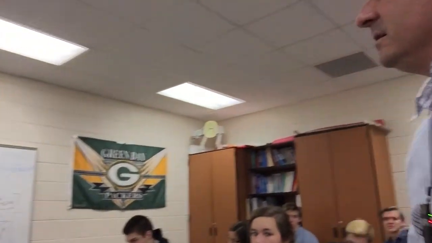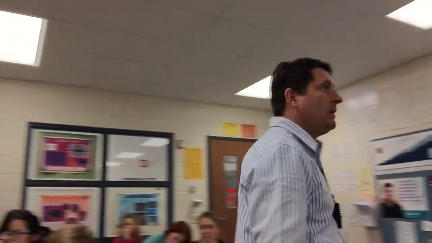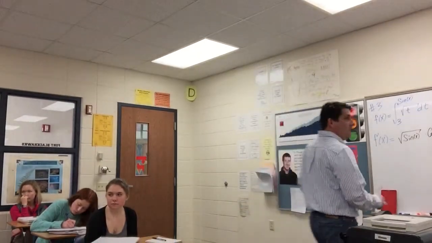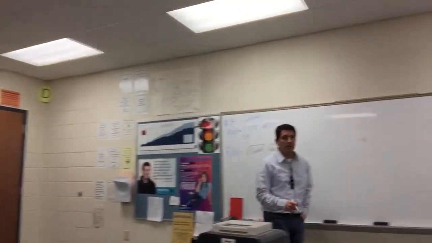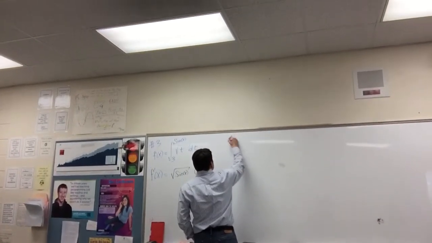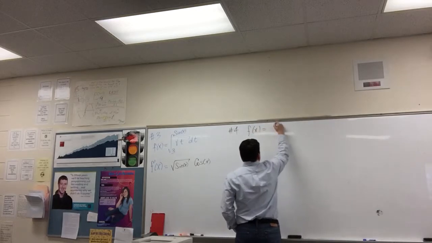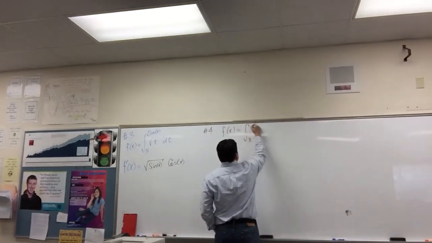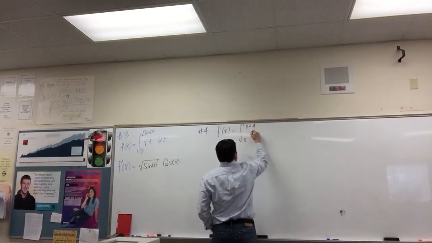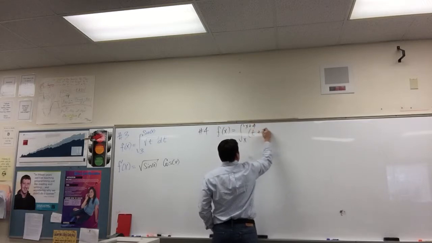Okay. All right. Another scenario. So what happens if we got something like this? F of x is equal to the integral from x to, say, x plus 4 of t plus 2 dt.